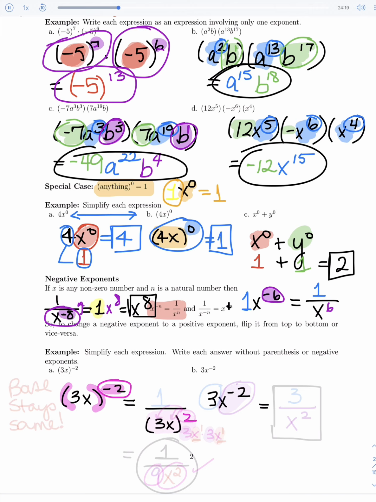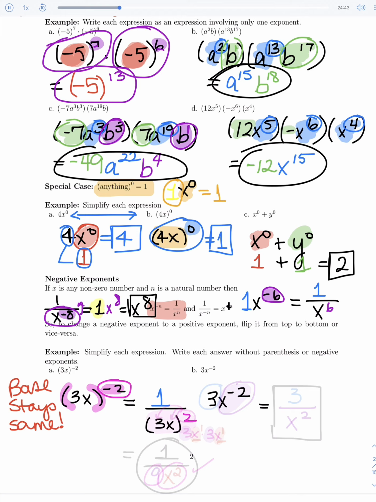This is something we dealt with before: the base stays the same when we're using these rules. The only thing that should be changing is our exponents. Now, what's still hidden up on top is still a hidden 1. It's just that we're not done yet.